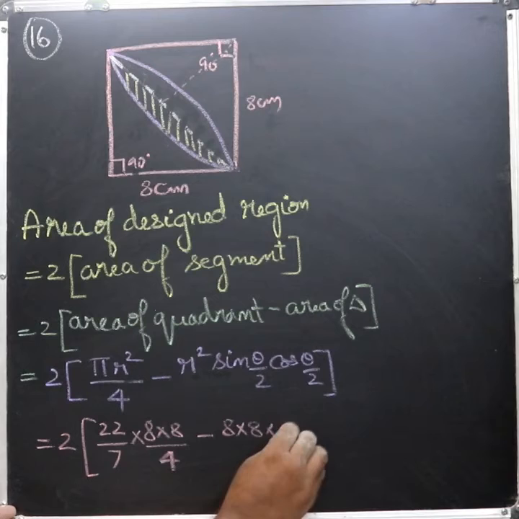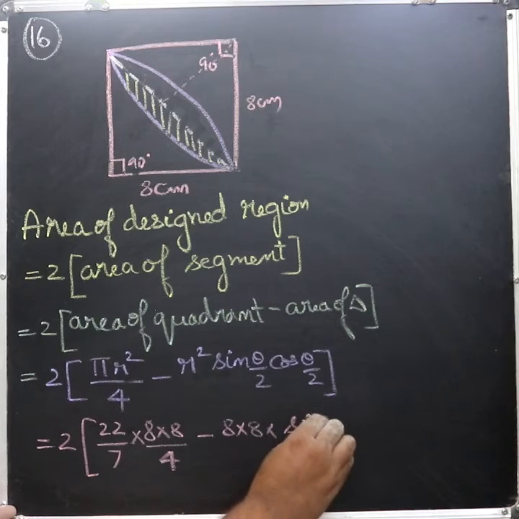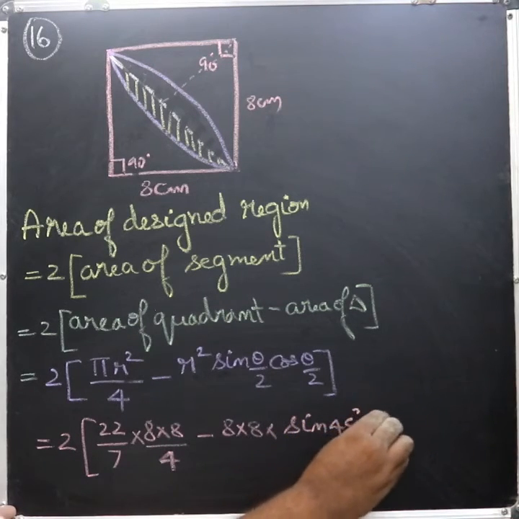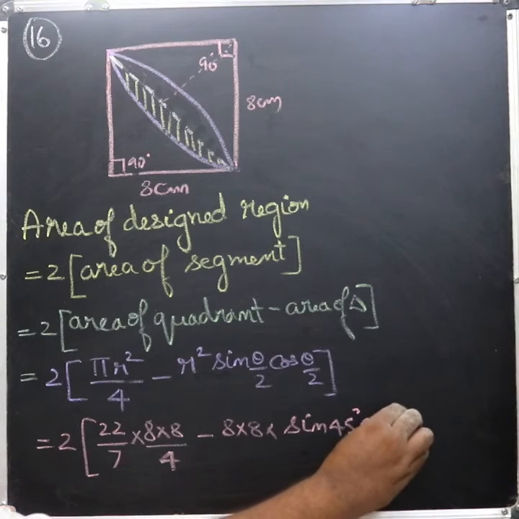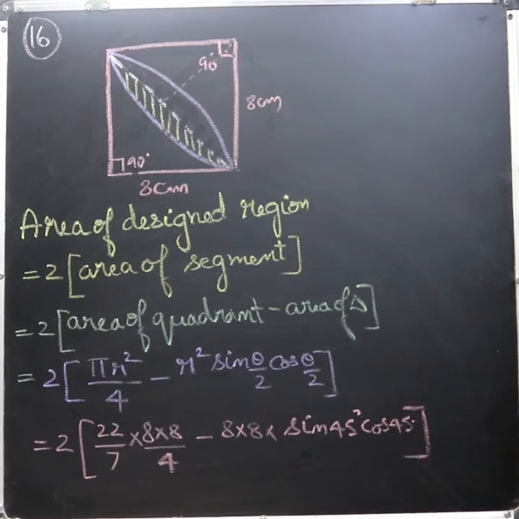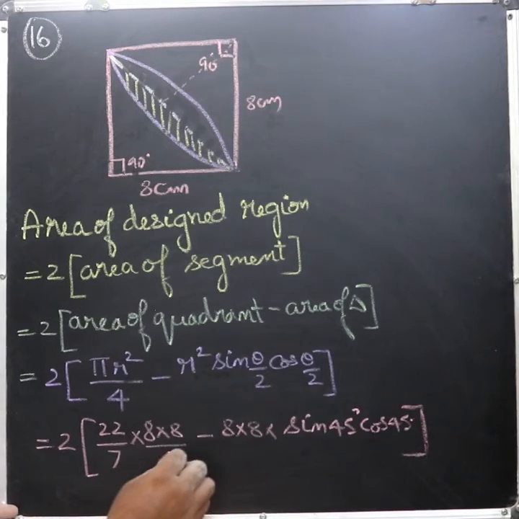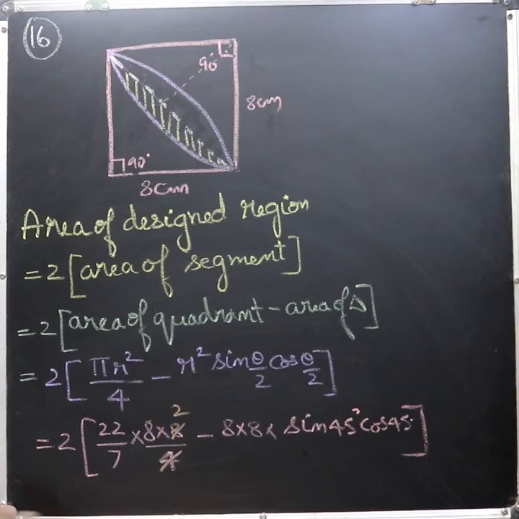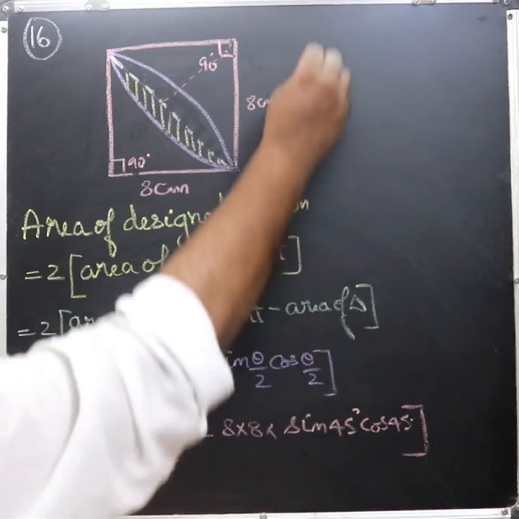So the half angle is going to be 45 degrees. So we are going to have sin 45 degree cos 45 degree. Now you can see that 1 4 is 4, 2 4s are 8. We are going to substitute the values.